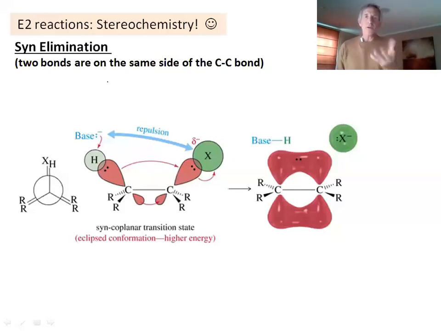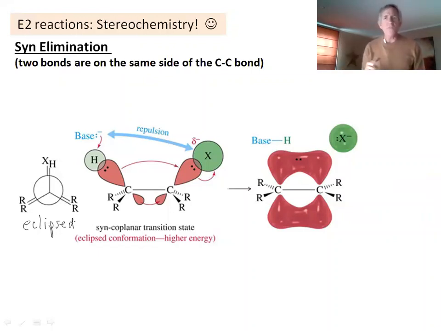But notice what has to happen. Not only do I get my hydrogen and leaving group planar with each other, but in doing so, you have to create this eclipsed conformation. We like eclipsed. Remember, Newman projections, eclipse being good.